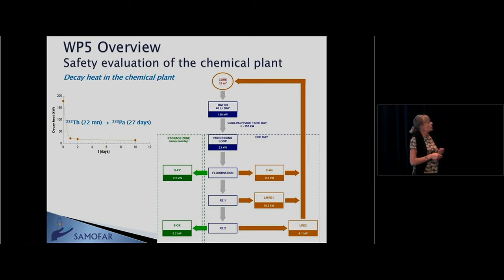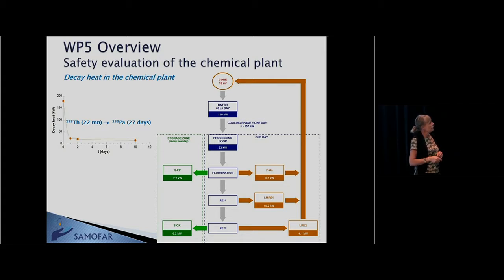So it seems easier to work with only 23 kilowatts. We have therefore chosen to add in the reprocessing scheme a cooling phase of 1 day in order to decrease this radioactivity. This decay heat corresponds to the decay of thorium-233 to protactinium-233. So after 1 day of cooling phase, we can start the processing loop.